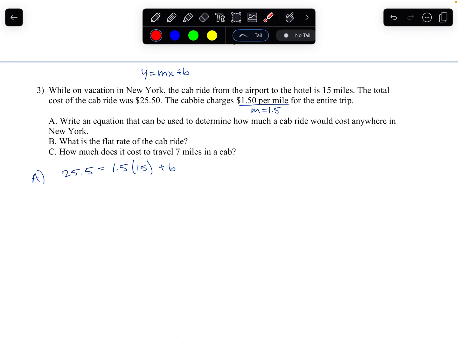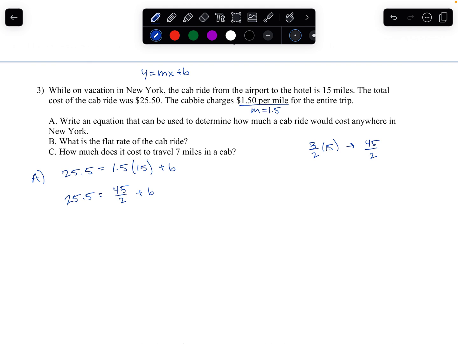And so if you go 15 miles for $1.5 per mile, that's going to be, this is why I like fractions more, 3 halves times 15, which is going to be 45 over 2, okay. So we get 25.5 equal to 45 over 2 plus b.